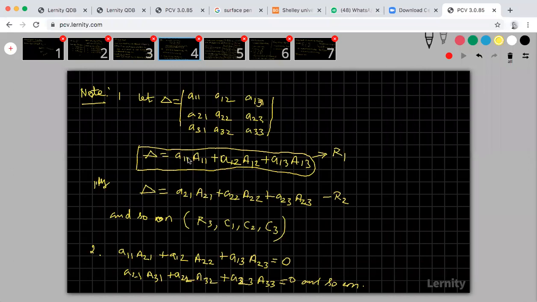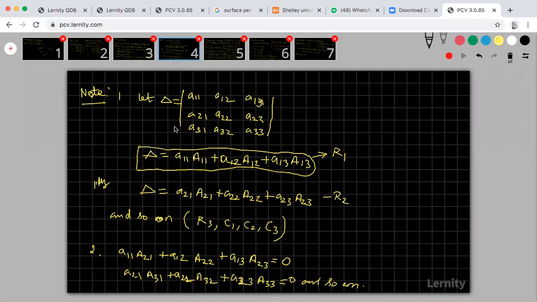Your determinant value is defined by the row elements multiplied by their cofactors. So this is the first row element A11 multiplied by its cofactor. This is A12 multiplied by its cofactor. This is A13 multiplied by its cofactor. And take the sum. This sum is called your determinant, the value of the determinant. Please note that.